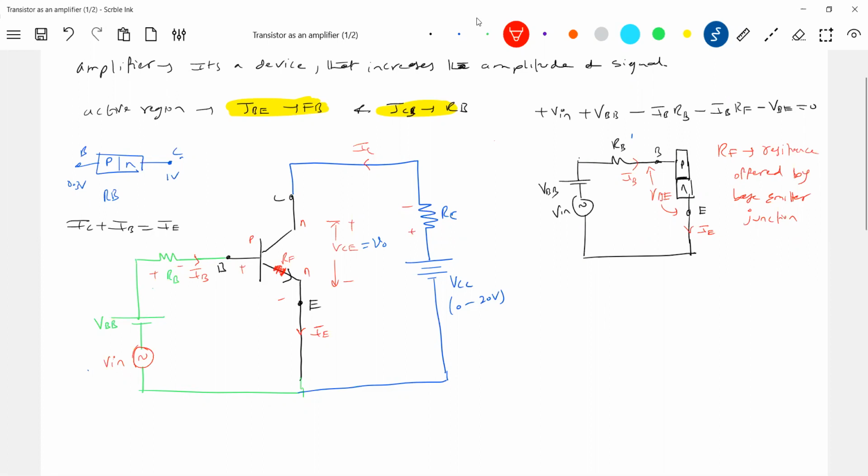So instead of this PN, what should I show? Instead of this PN, what do we have to show? So the more justified diagram, now you got the idea, no? What most of the teachers do is show students like this. This is RF. This is VBE.